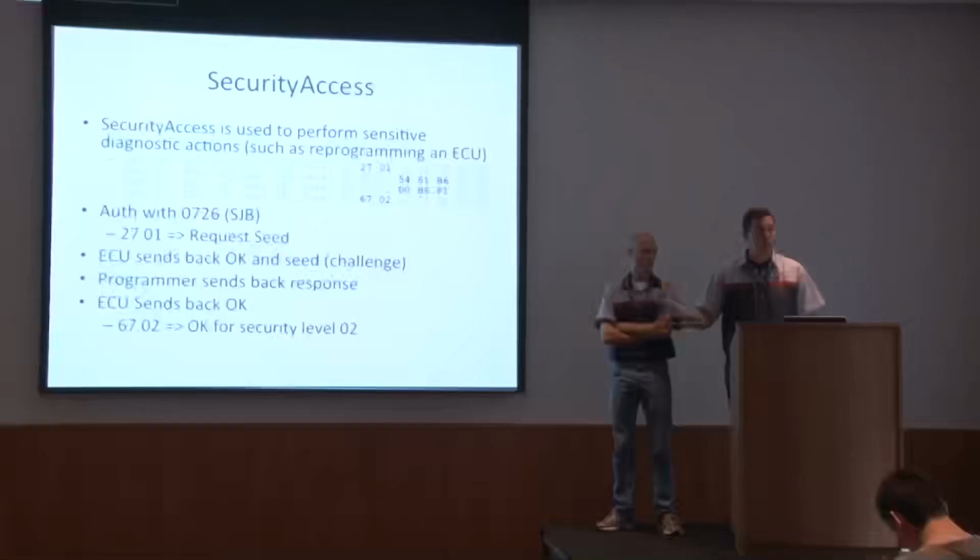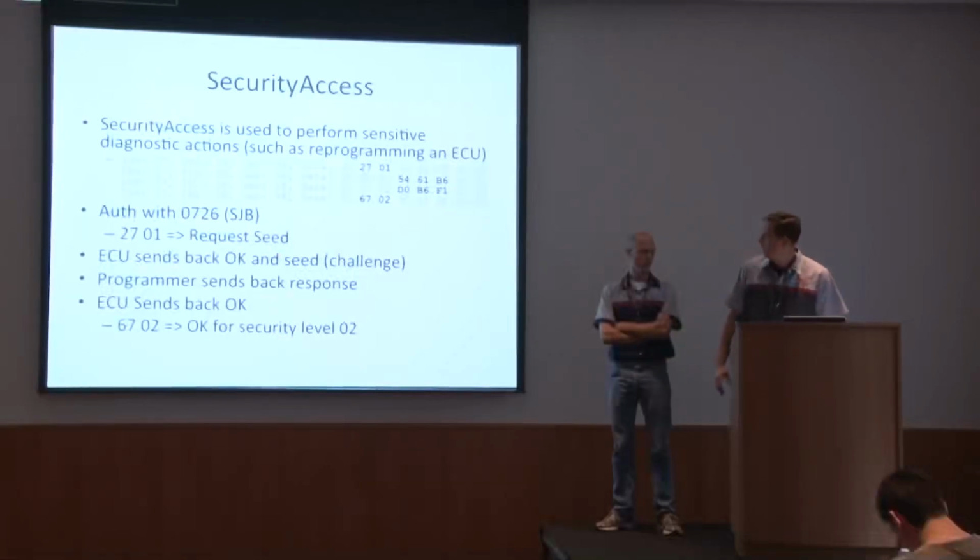The server then sends back the 67, which is 40 more than 27. And in this instance, there are 3 bytes, 54, 61, B6. That is going to be used to compute the key that will be used to unlock the ECU for privileged functions.